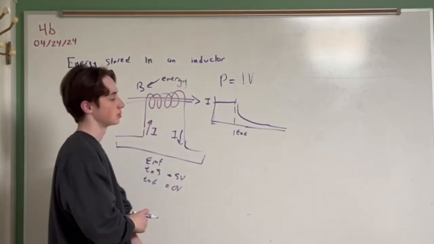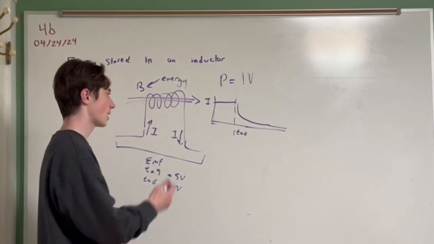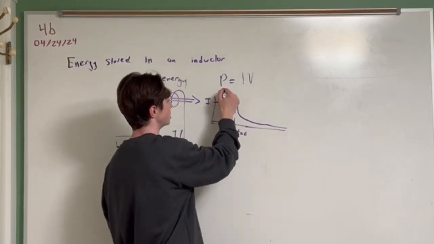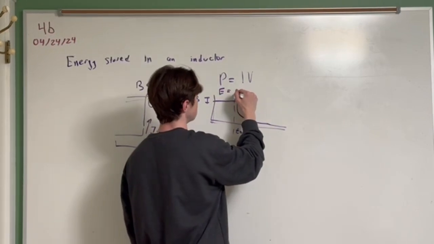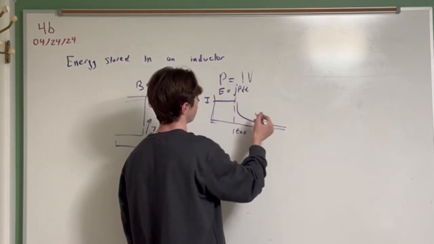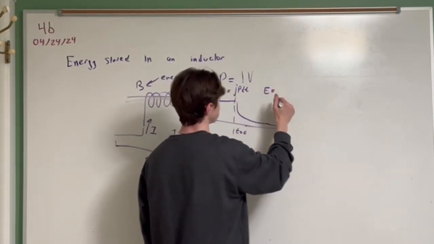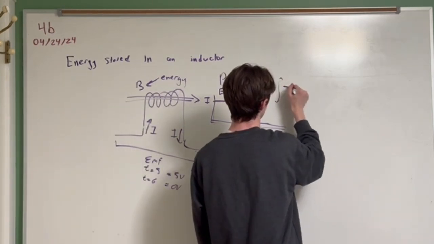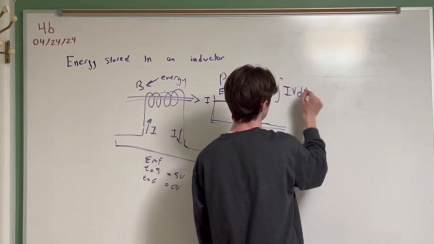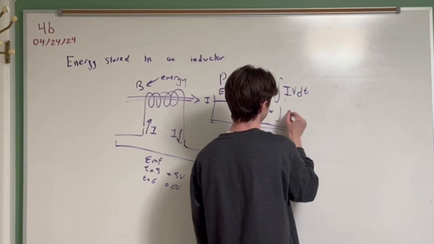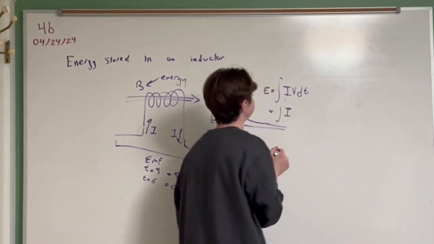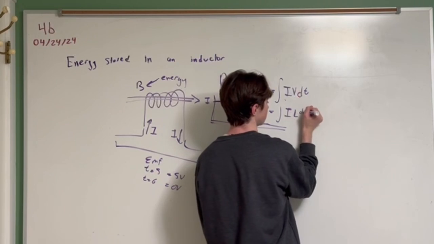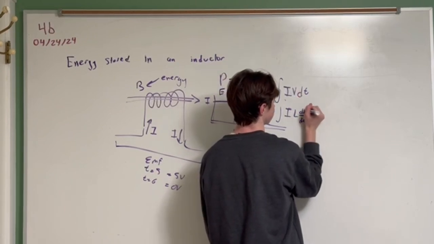Oh, I see. So P equals IV, power equals IV, or energy is equal to the integral of power dt. So therefore energy is equal to the integral of IV dt, which is the integral of I times V, where V is equal to L dI/dt.